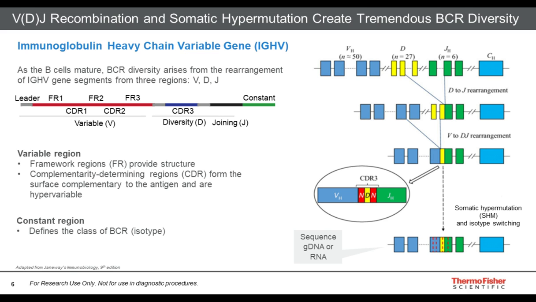This process imparts combinatorial diversity within the IGH receptor, but additional diversity comes from exonucleotide chewback at the ends of the V gene and J genes, but also the addition of random bases called N additions through the enzyme TDT.